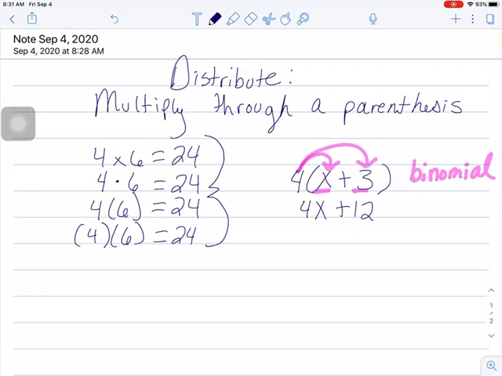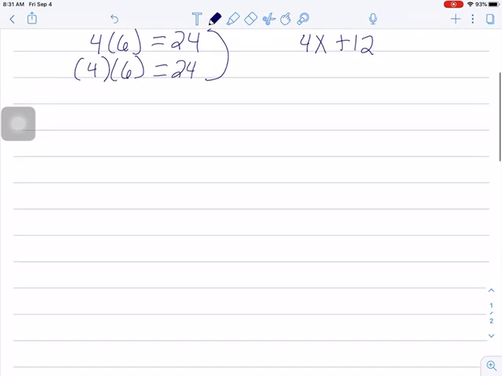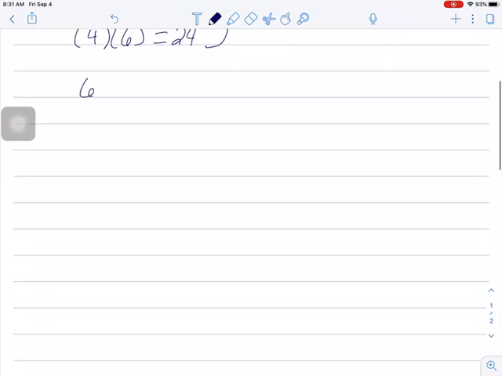There are some details that can trip people up a little bit sometimes. Like, for example, when we add negatives into the mix. So what if we had 6 parentheses 2x minus 8? Okay, so I need to distribute 6 through the parentheses. 6 times 2x would be 12x.